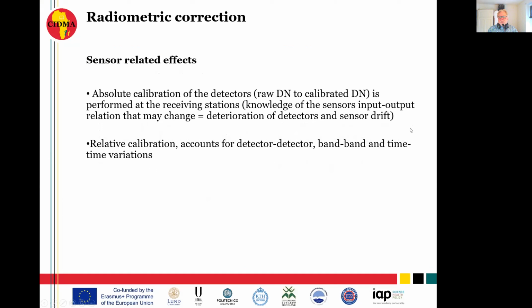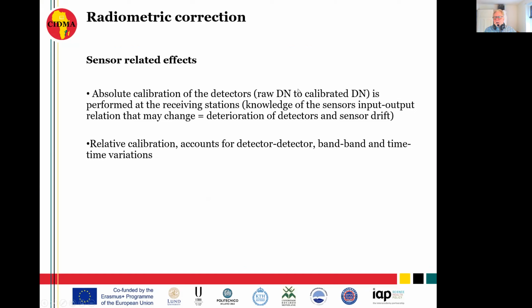One thing that we can do: often an absolute calibration is performed already at the receiving station, because they know the differences in the sensors, the detectors that actually measure the energy amounts.